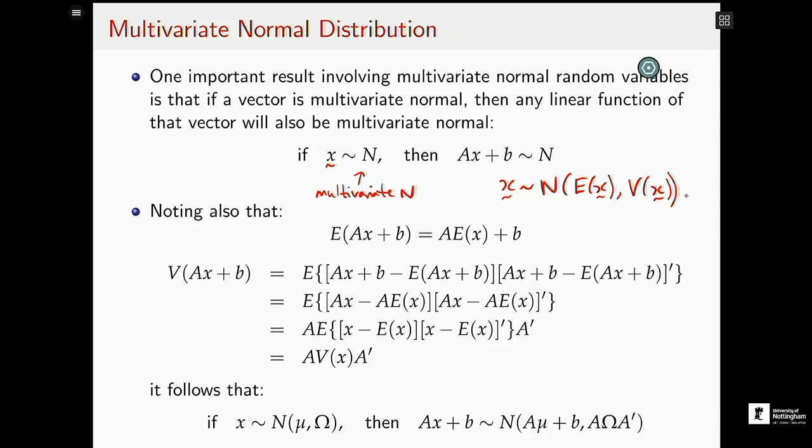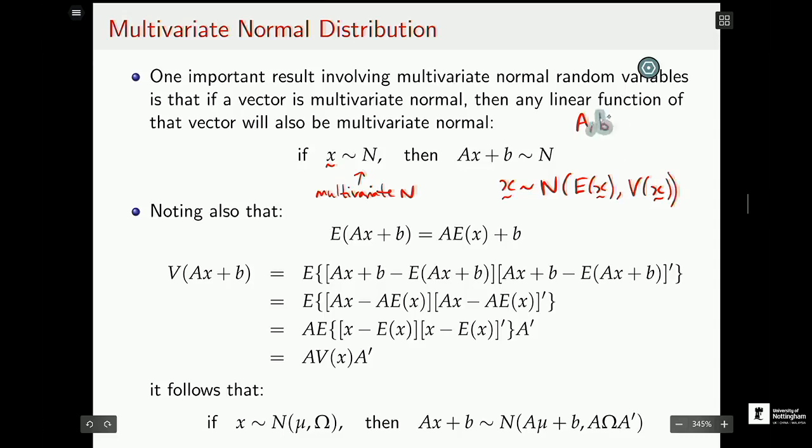We know that if we take the expectation of Ax plus b, anything that's constant can come outside of the expectation. So the b can come outside, and the A matrix, that can come outside. The only bit that's a random variable in here is the x term. A and b are full of constants.